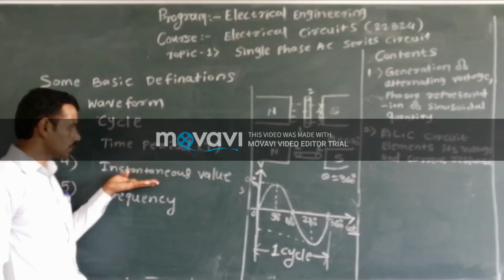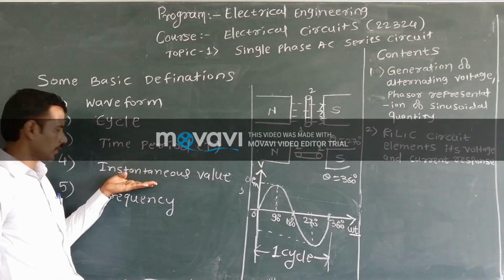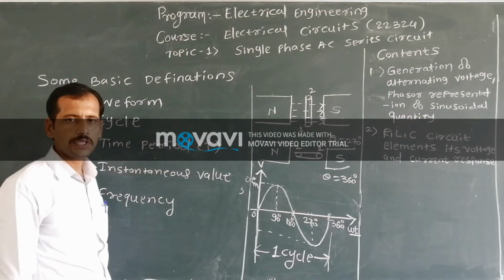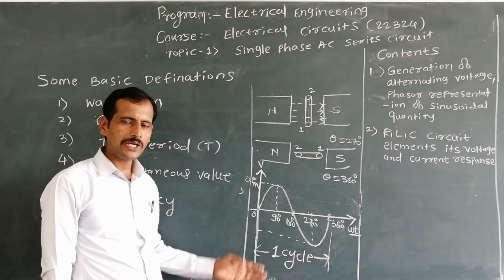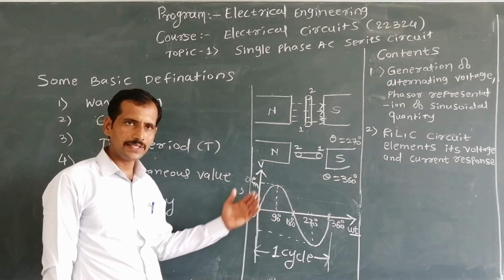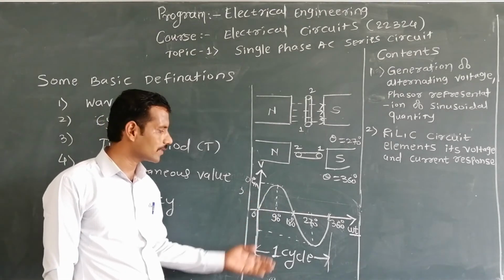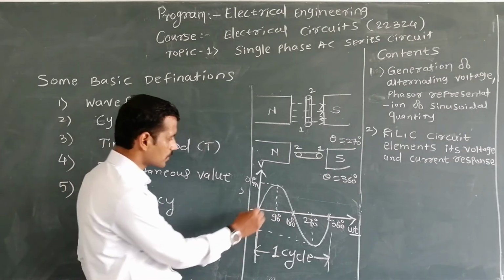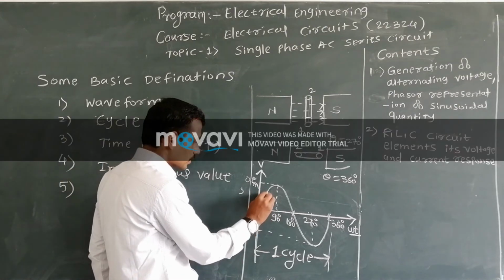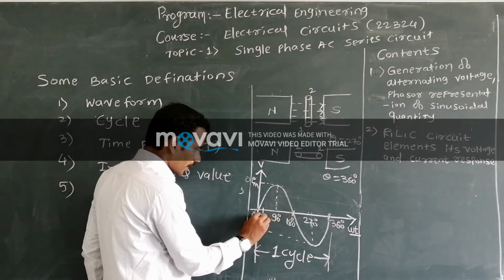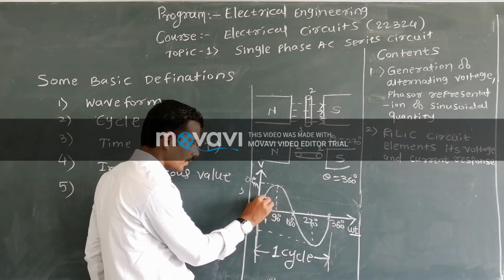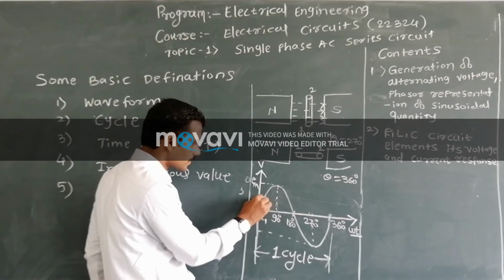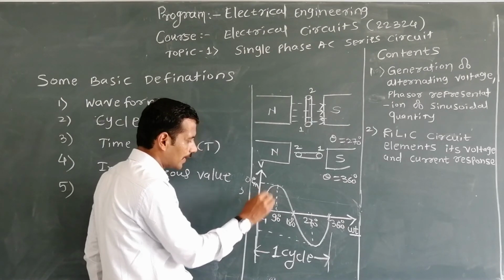Next definition is instantaneous value, that is fourth definition. Instantaneous value is defined as the value of an alternating quantity at any instant of time period. Suppose we are considering here t1 time period, whatever the value at this t1, that is known as instantaneous value.